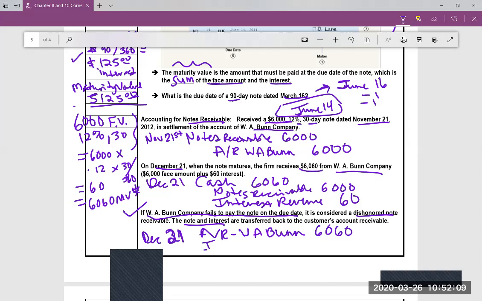We're still going to recognize interest revenue of 60, and we're going to take the 6,000 back out of the notes receivable. So the debit is AR Bunn for 6,060. The credit is interest revenue for 60 and notes receivable for 6,000.